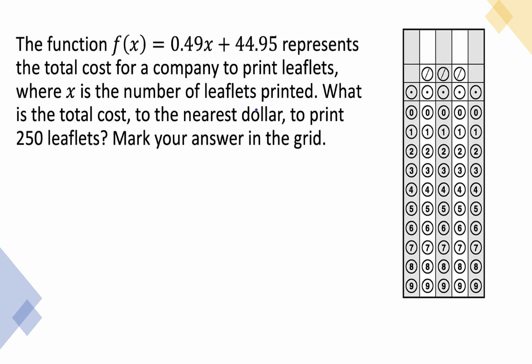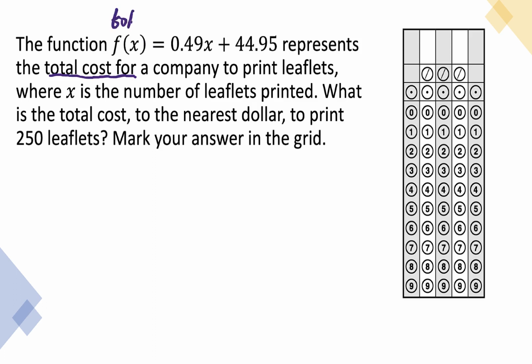Now you may see some of these gridded response items in your functions. So here, the function f of x equals 0.49x plus 44.95 represents the total cost for a company to print leaflets. So this statement is telling you that this function is actually the total cost.